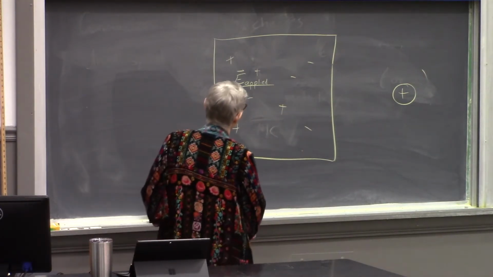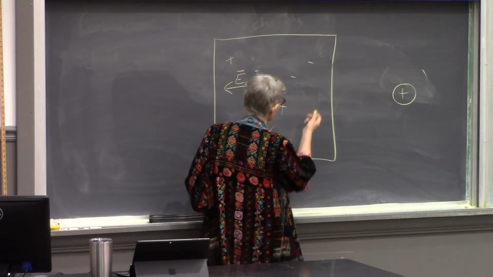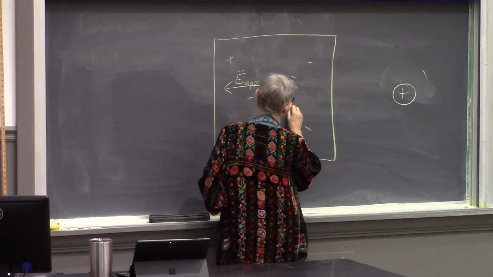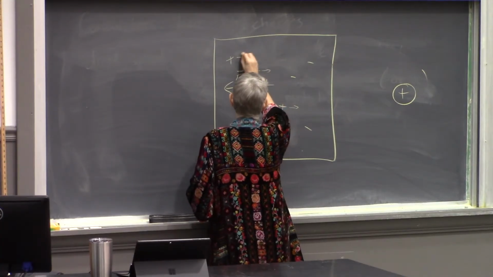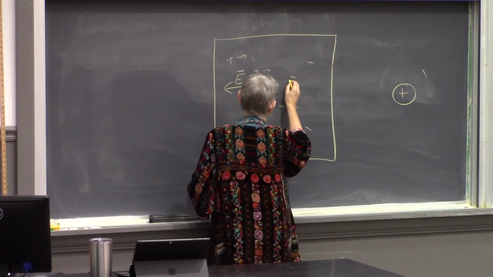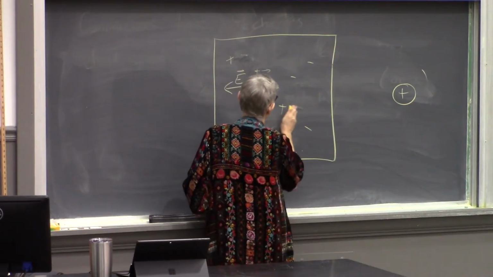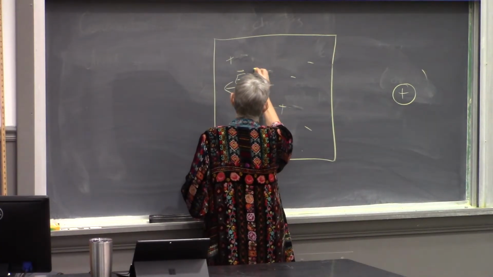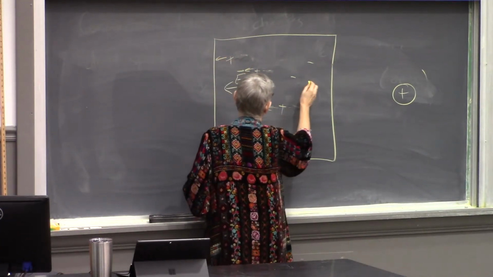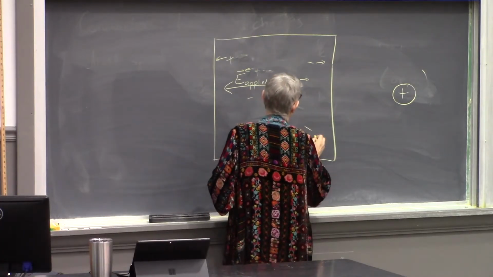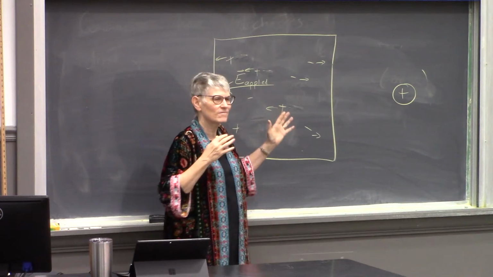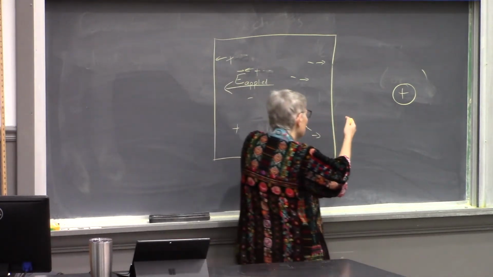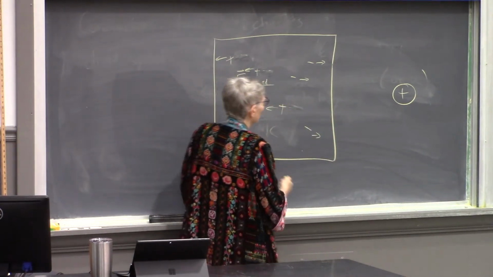So in the first nanosecond, these sodium ions feel a force that way, and the chloride ions feel a force that way. And so this whole sea of ions, all the negative ions move that way a little, all the positive ions move that way a little.